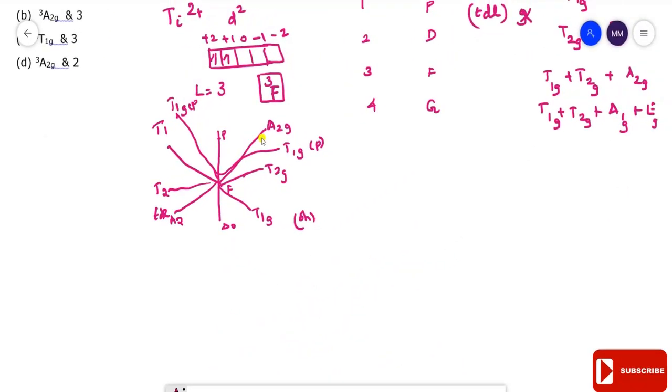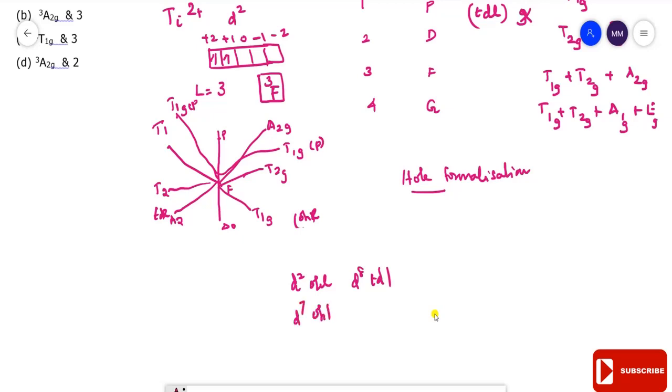One more point you have to know, that is the hole formalism. The hole formalism is simplified as: in case of the F term, you start with d2. In case of the D term, you start with d1. That's all. So d2 octahedral and d8 tetrahedral. Subtract from 10 and add 5.